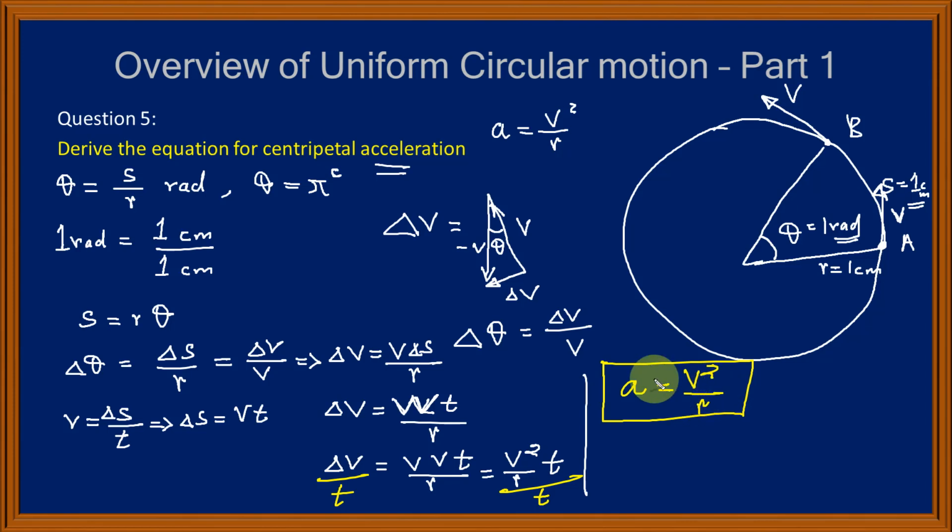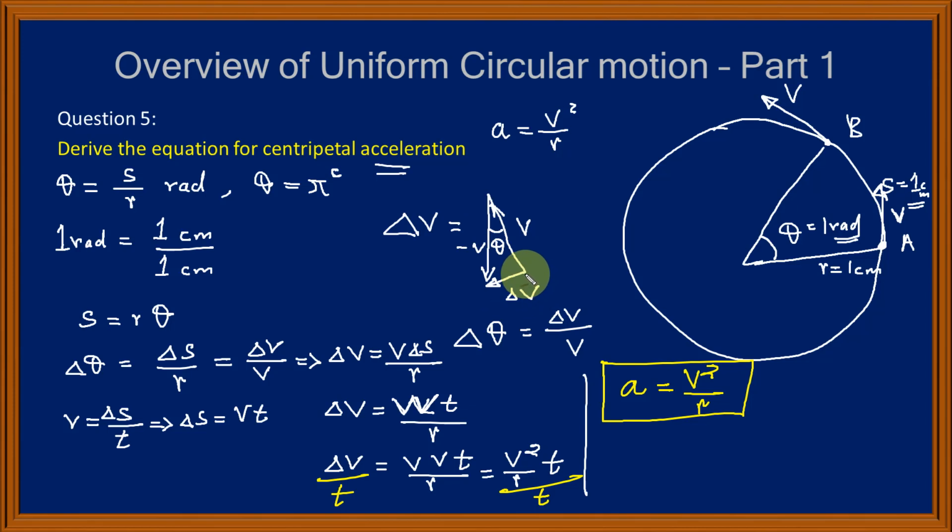Centripetal acceleration. So it starts from the definition of angle, where I went to the definition of angle as the ratio of the arc length to the radius of the circular path. Then I defined the unit of measurement of angle, which is radian. Then from there, I went to how I obtained delta V by putting these triangles together.